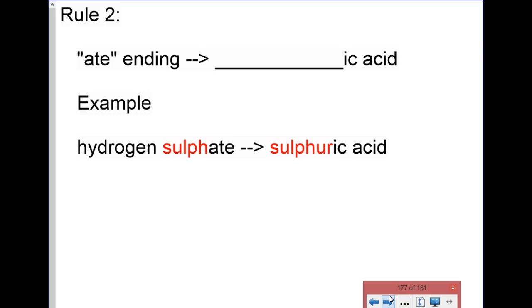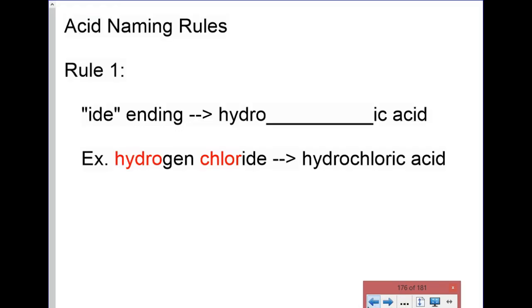Hydrocyanic acid. Does that fit into rule 1, rule 2, or rule 3? Has the prefix hydro on there. Only rule 1 has an acid name that has the prefix hydro. That means if we work backwards, hydrocyanic acid becomes hydrogen cyanide.